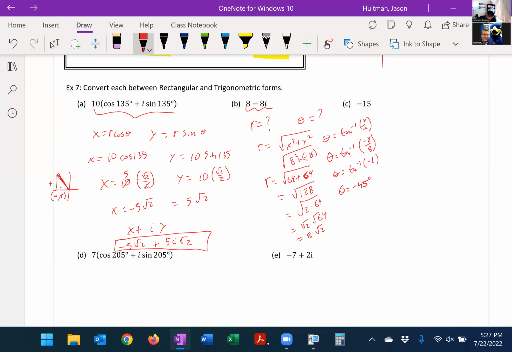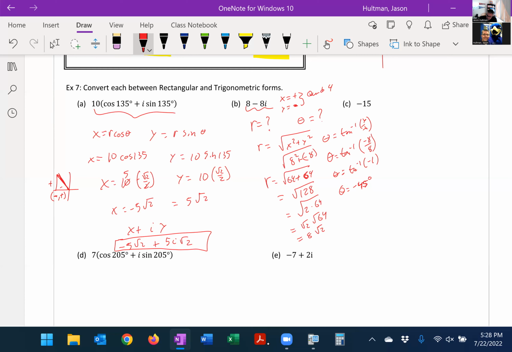However, what do we know here? We have to check: x is positive and y is negative. Where is x positive and y negative on the unit circle, or in my quadrants? Well, this is quadrant 4. Does negative 45 live in quadrant 4? Yes, it does.